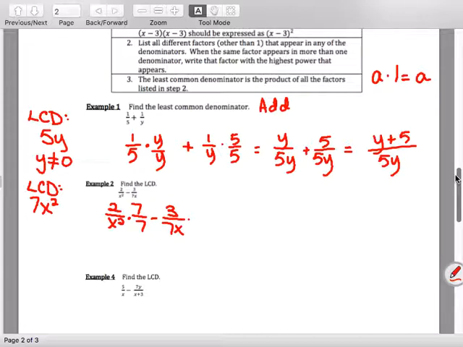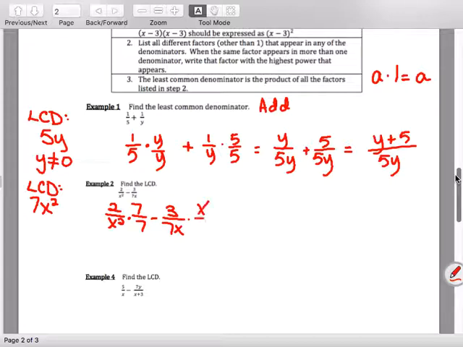I don't have any y here. Okay, I'm at 3 over 7x, and I want to know what do I have to multiply 7x by that gives me 7x squared? Oh, x. Just x, right?